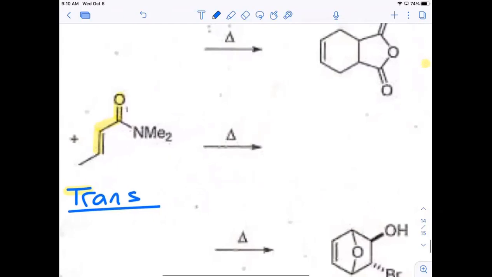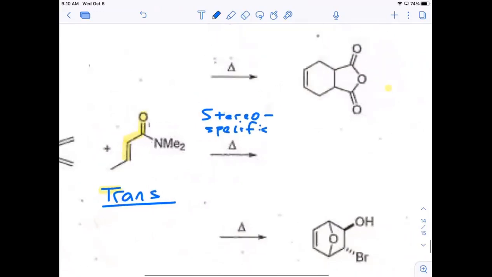Would it be, since it's trans, it would be an exo product, or we're not there yet? Not quite. But I'm glad you said that because that brings that up. Remember the reaction is stereospecific. That's the term I'm trying to pull out.